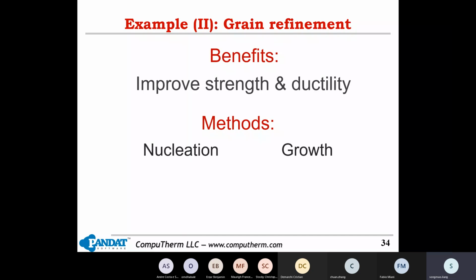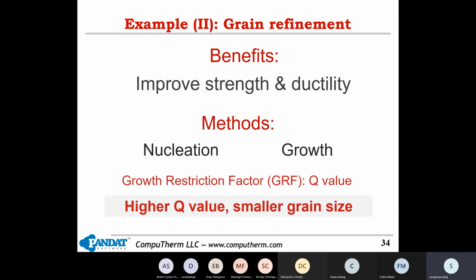One is through nucleation, where we add effective nucleants to accelerate the nucleation of the alloy at the beginning of solidification. Or we can add some alloying elements to restrain the growth of the grains.